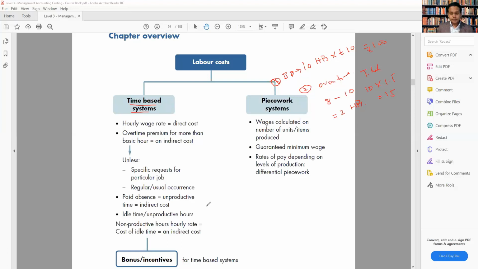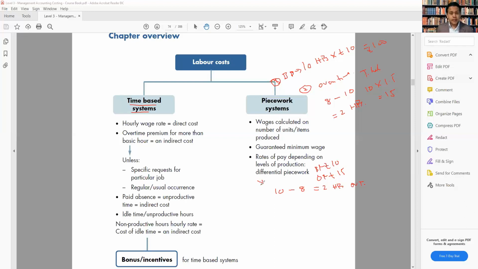So, for example, if one employee works 10 hours in one day and 8 hours is the basic hour, of course, you understand 2 hours is overtime. And if I said the basic rate is 10 and the overtime rate is time and a half, so let's say 15. Now, if I try to identify how much is the total payment, the basic payment and the overtime for this employee for this one day, how much will it be?